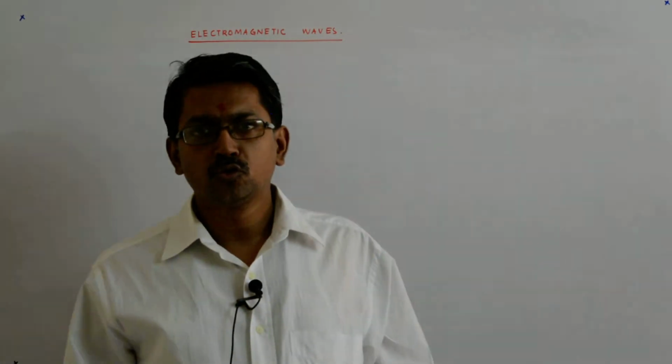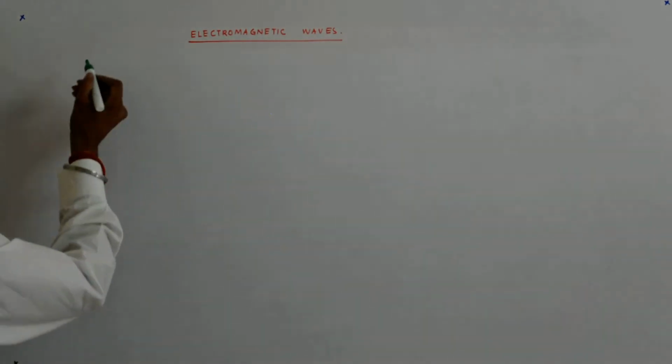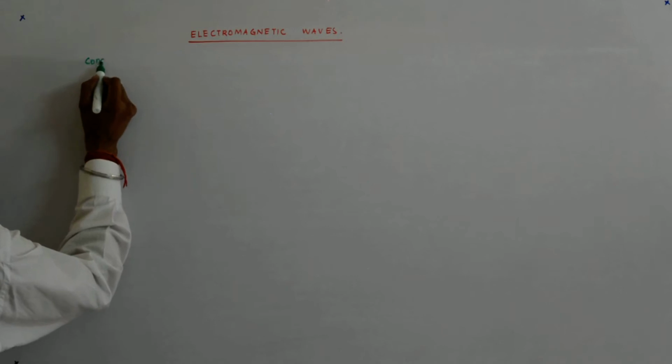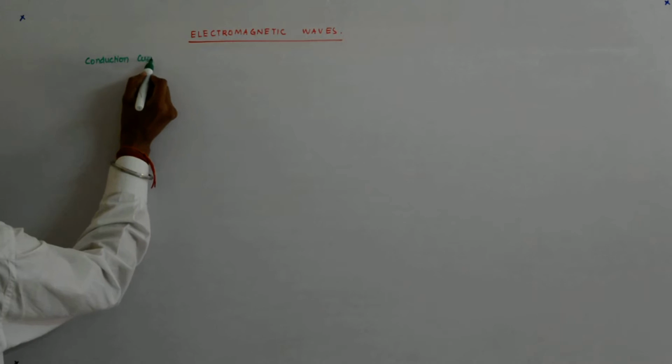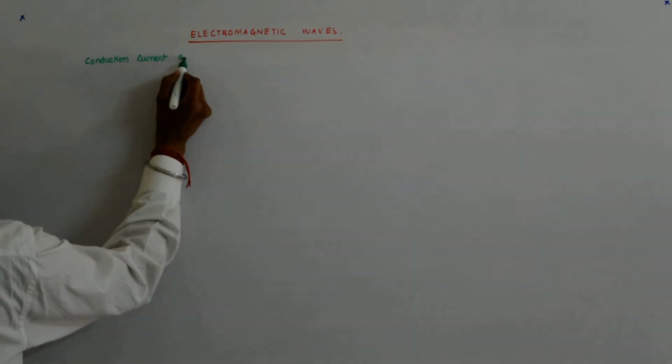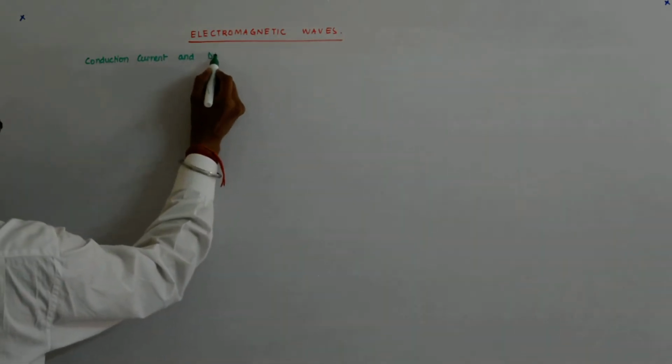So we now saw two types of current, the conduction current and the displacement current. Now let us try to take this a bit further.